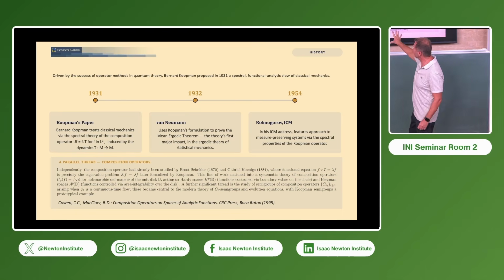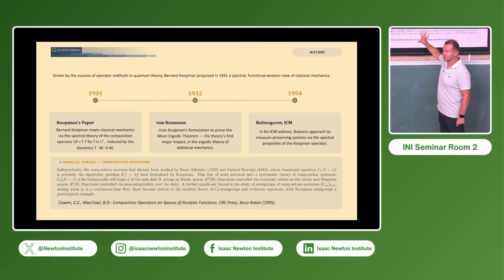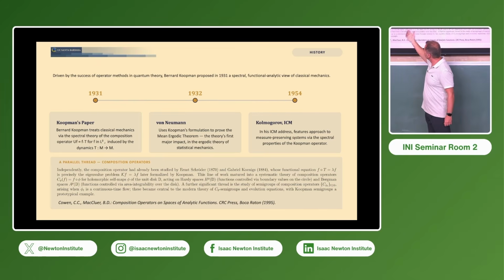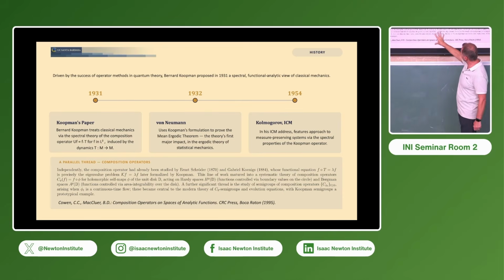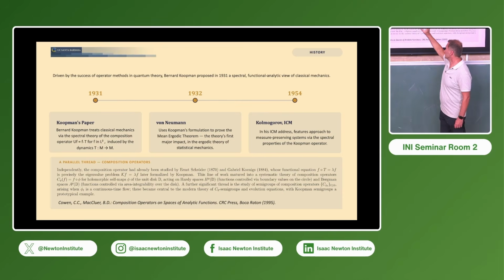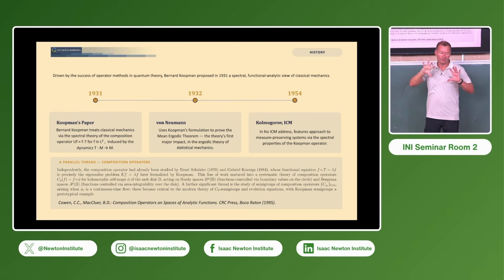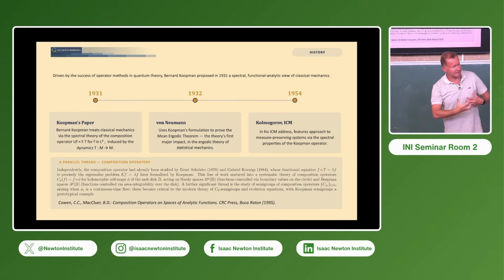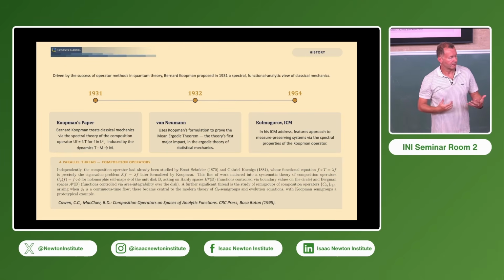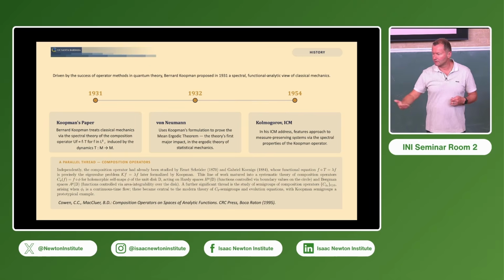Now there's a whole other beautiful set of works that are summarized in this book on the composition operator itself. And this is usually done on the unit disk in the complex plane. So for the applied context, these works can seem esoteric because they're not on the types of spaces that we know.